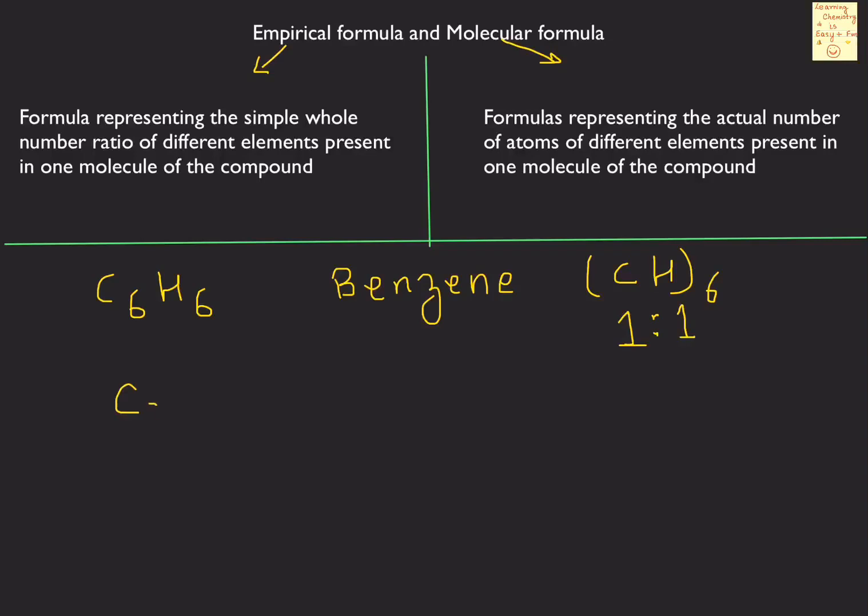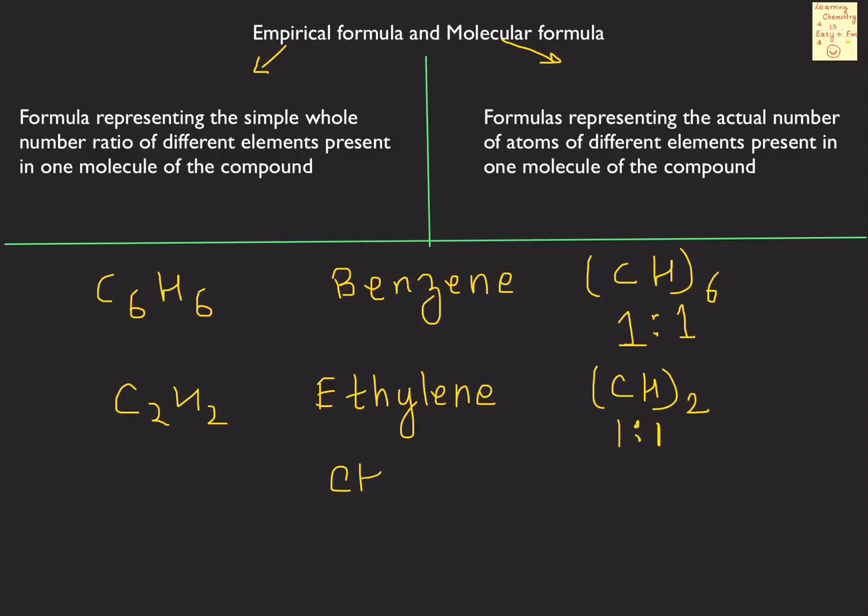Same way, C2H2, ethyne or acetylene, can also be represented as CH. Again, the ratio of carbon to hydrogen is 1:1.